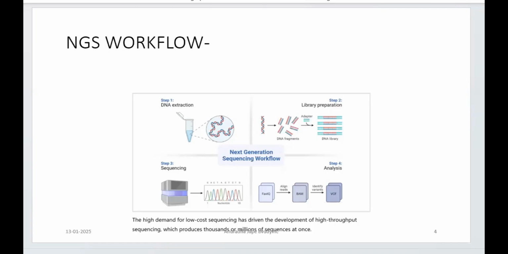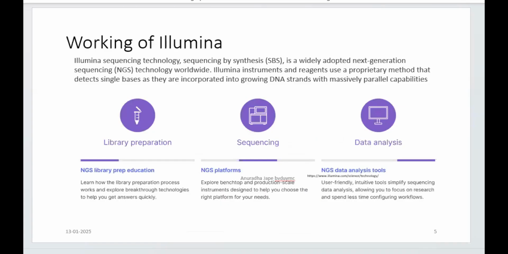All right. One such method is the Illumina method. In Illumina sequencing technology, again you have library preparation, sequencing, and data analysis. What is the working method? Same as Sanger's method, it is also a sequencing by synthesis, SBS, method.